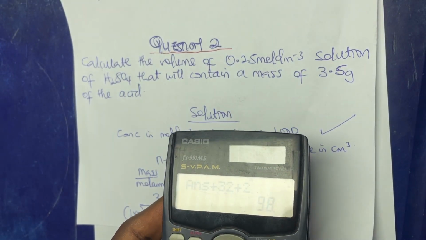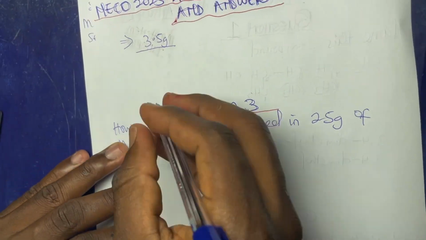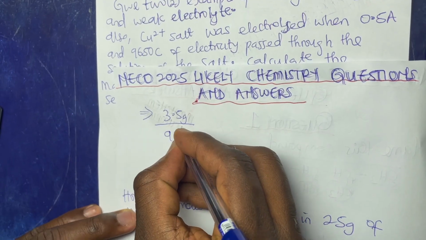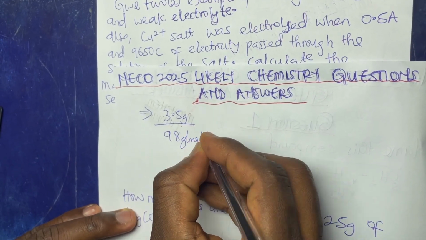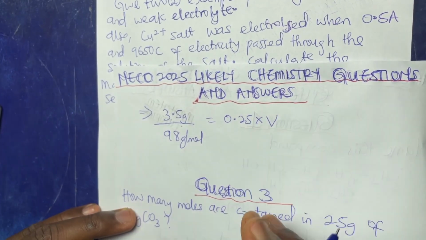So the molar mass is 98. So here is now 3.5 gram over 98 gram per mole equals 0.25 times V.